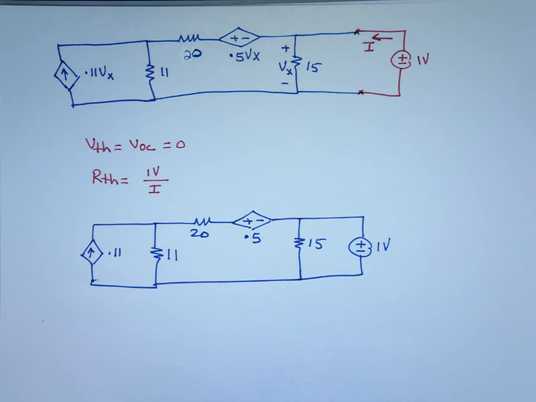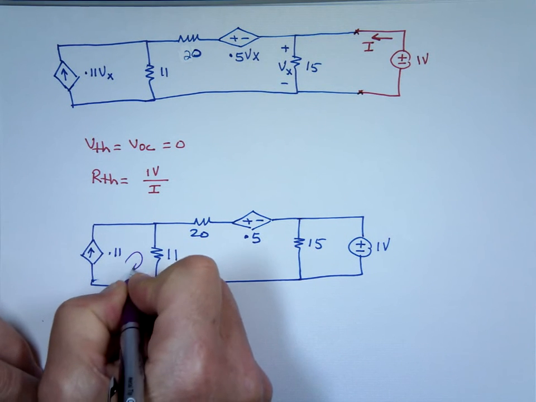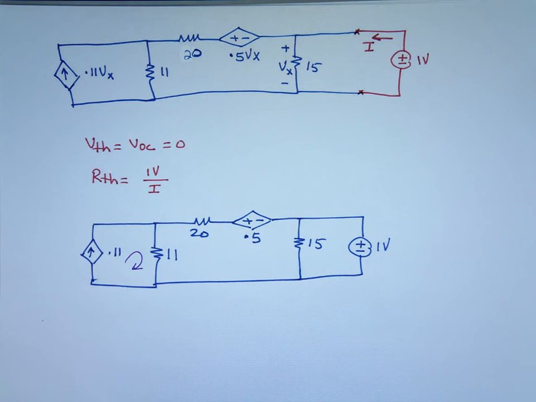Now, if I decide to go in this direction, what's this current now equal to? Negative. Negative what? 0.11. Try again.